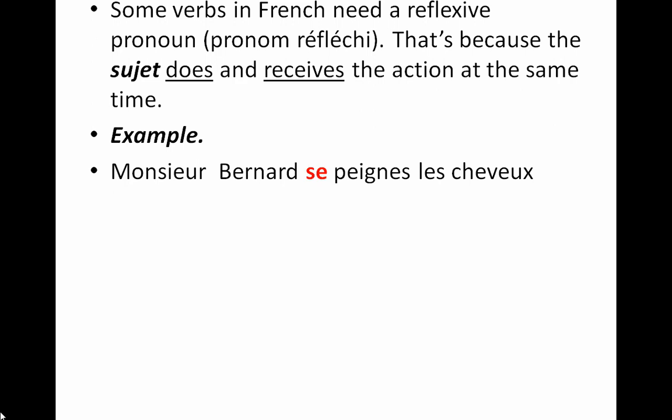So, you have here the subject, the guy in the picture. Then you have se, which is the pronom réfléchi or reflexive pronoun. And then you have the verb, which is conjugated with the subject. So, je me peigne, tu te peignes, il se peigne.